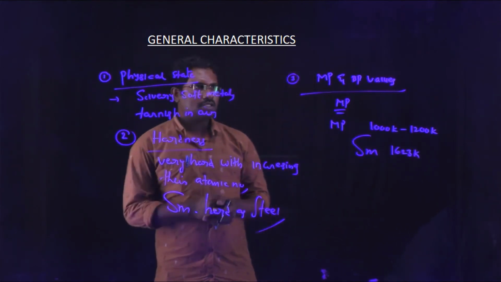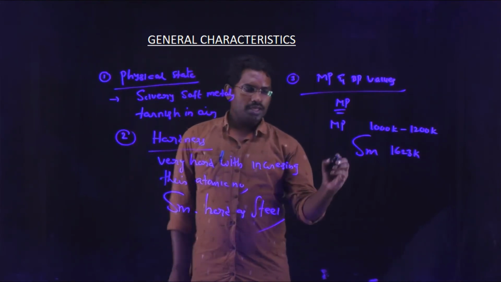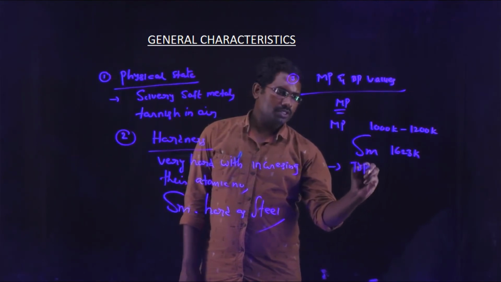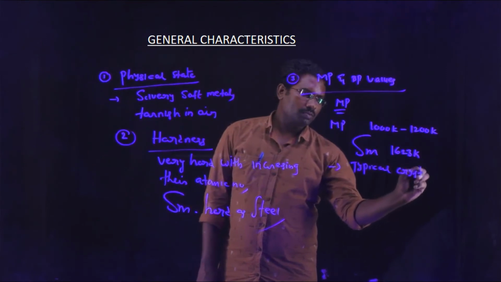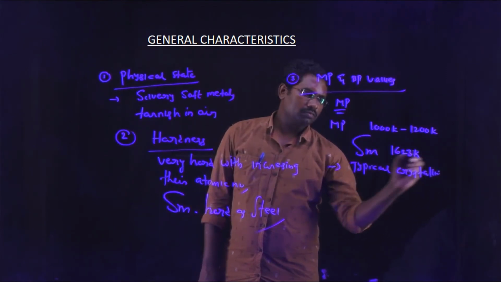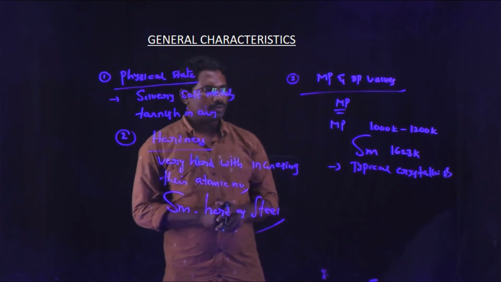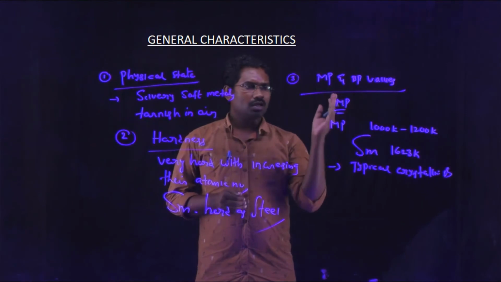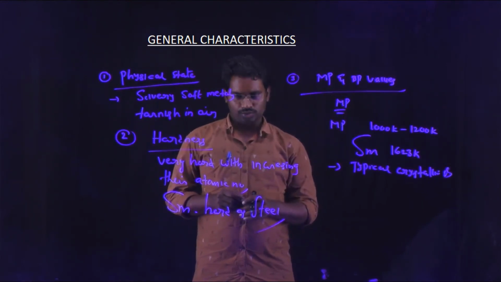Why? Because these lanthanide metals have high melting points, they possess typical crystalline structures, metallic structures, so they also have high melting and boiling points.